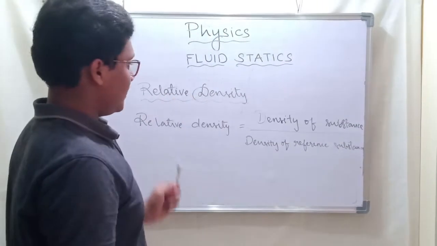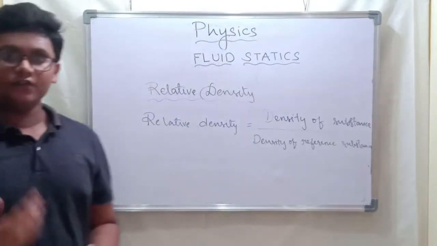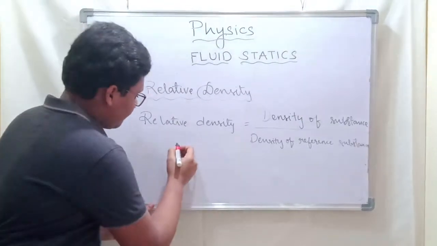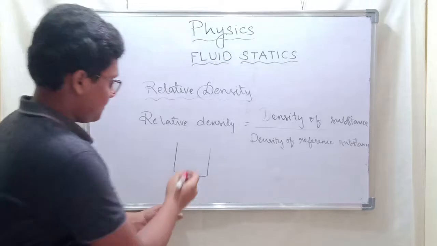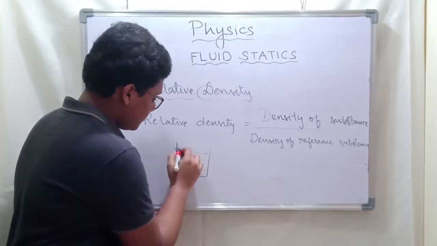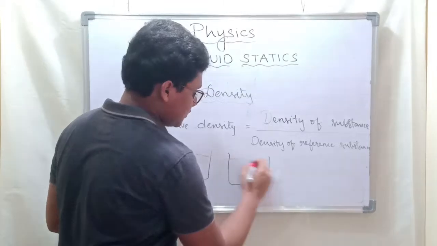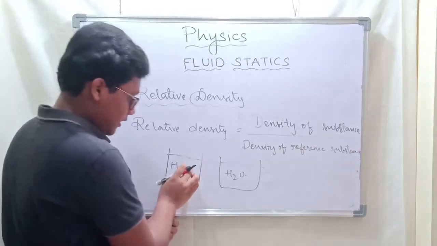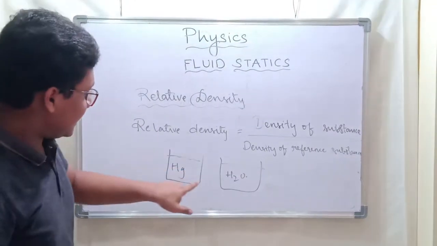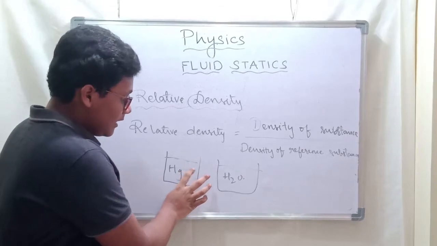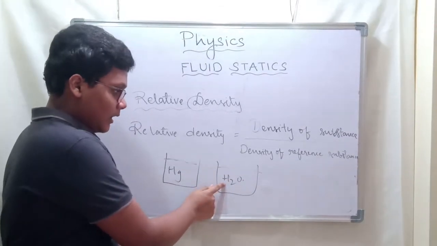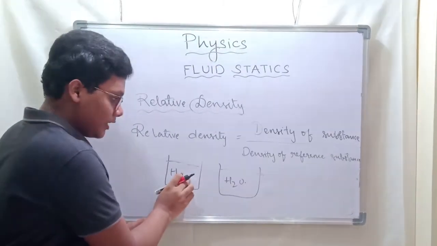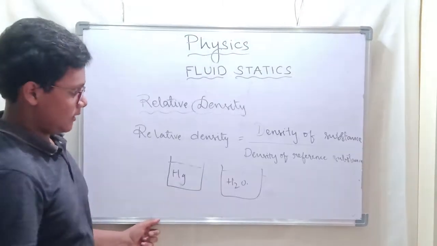Now relative density. Relative density means the density of the substance divided by the density of a reference substance. If we take two liquids, one is Hg, mercury, and another one is water, H2O, then the density of mercury with respect to water is the density of mercury by the density of water.